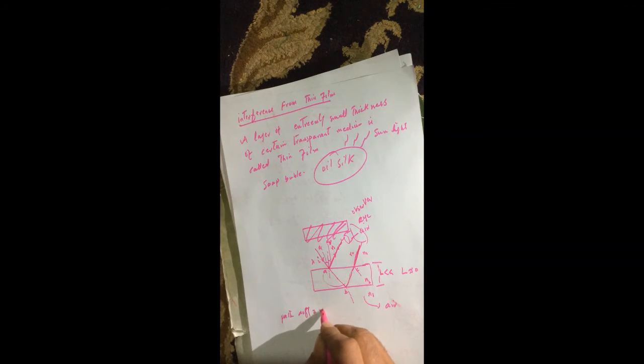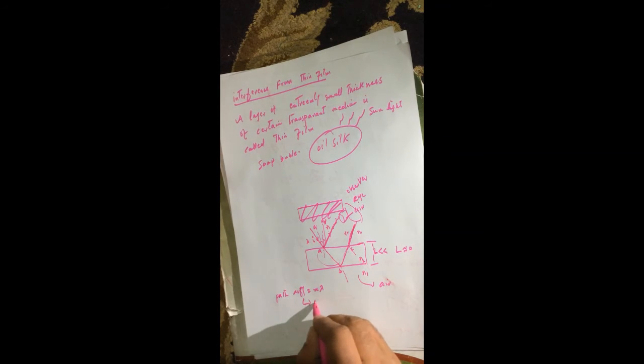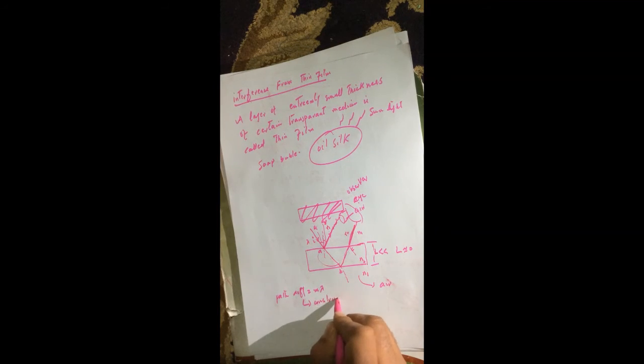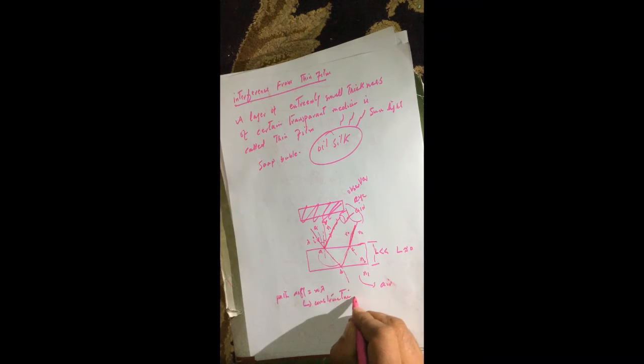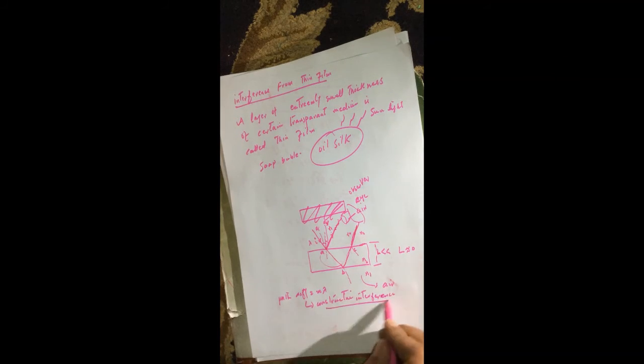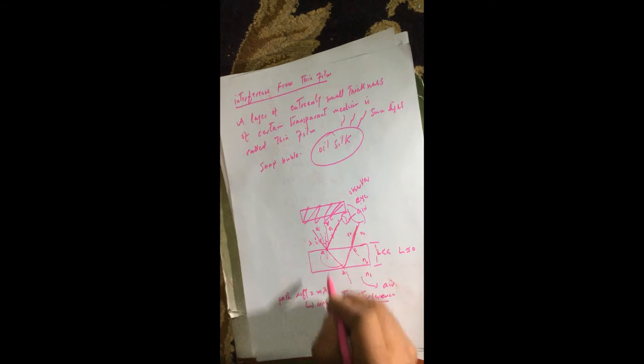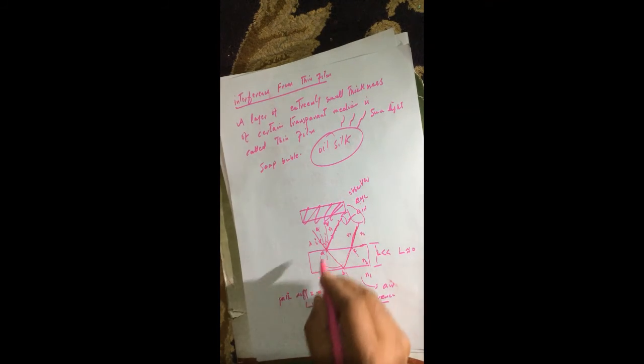Now if the path difference between ray 1 and ray 2 is an integral multiple of wavelength, m lambda, then we have constructive interference. If there is constructive interference, then the part of the thin film AC looks bright.